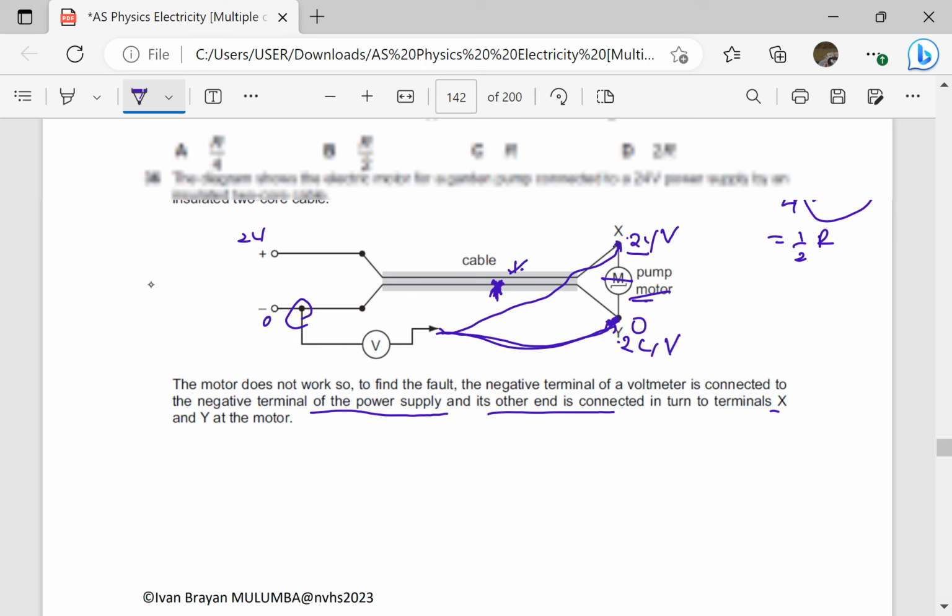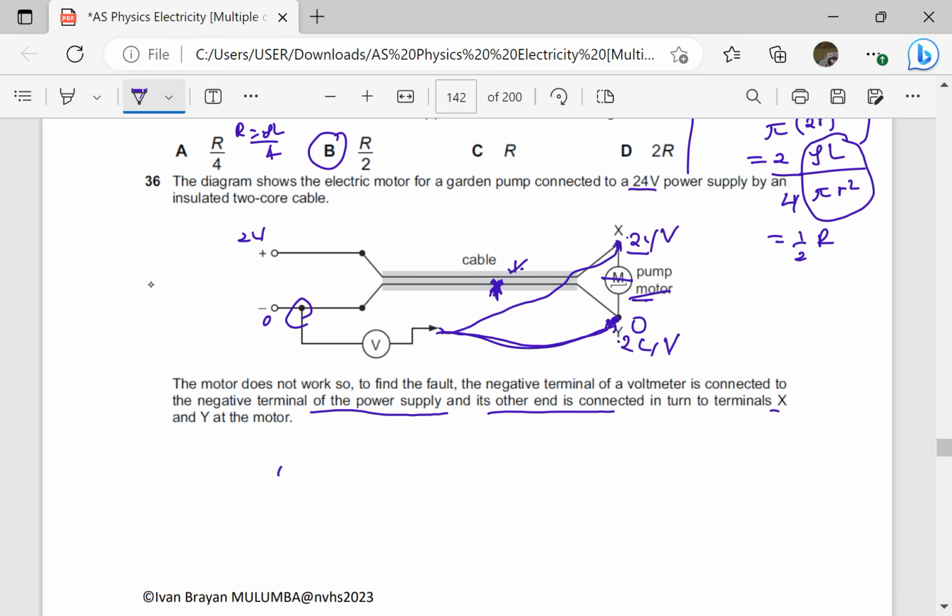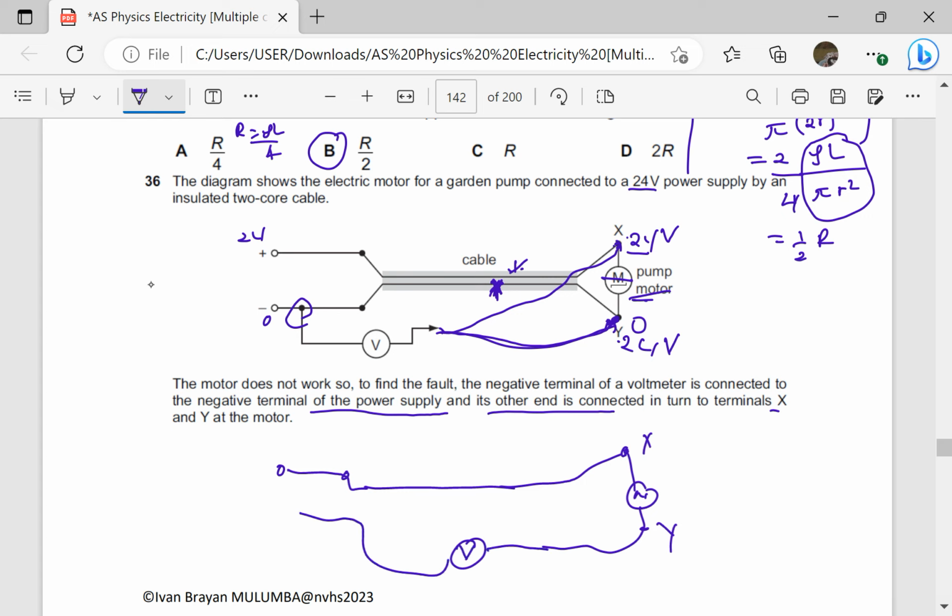In other words, it will be like a series. Here we have the positive cable of the wire. Somewhere here we have X, we have the motor, and we have Y somewhere here. This continues to the voltmeter, and again back to the negative terminal.